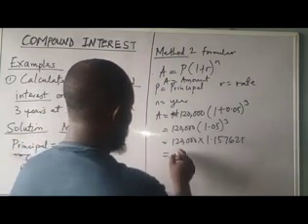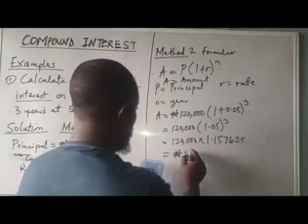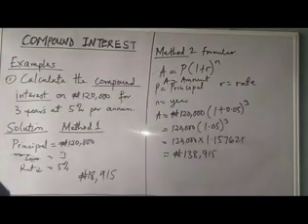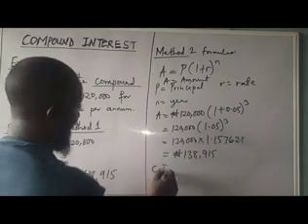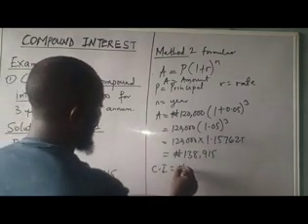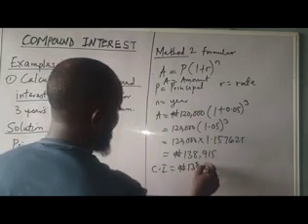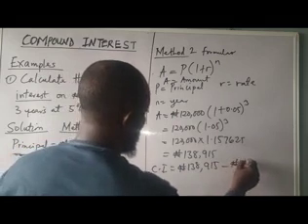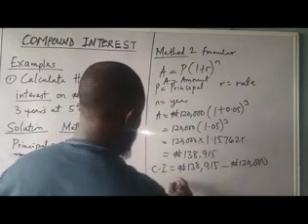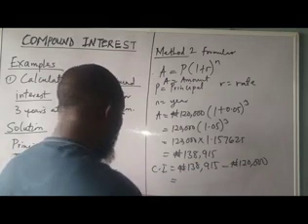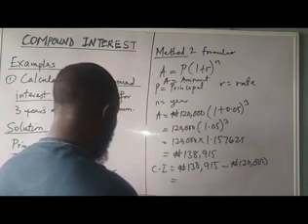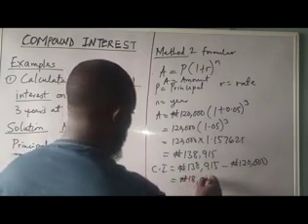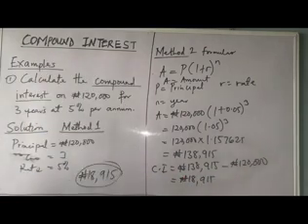So you can see we have the same amount, which is 138,915, the same thing we got the other time. So for us to now get the compound interest, it is 138,915 minus 120,000, and that gives us 18,915, which is the same thing we got the other time.